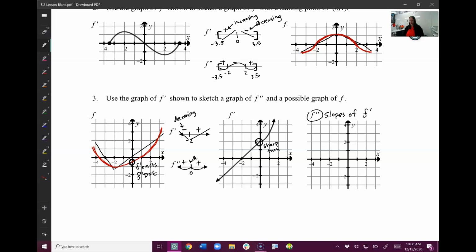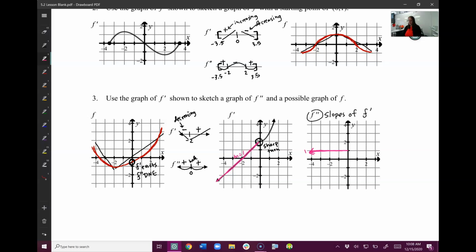It looks like up to 0, this slope is all the same. Rise 1, run 1. So m equals 1. So left of 0, this slope is all going to be 1.